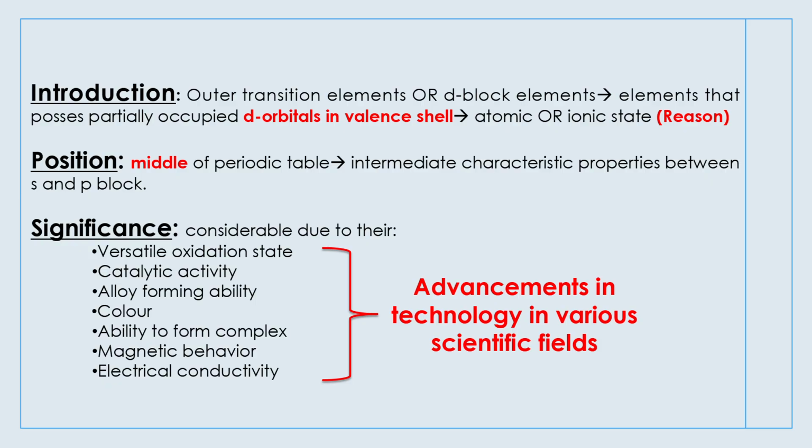So this is the reason why the transition elements must be studied. Once you know the purpose of the topic, you will have a better understanding of every topic. So this is why I tried to give you the purpose of why this thing should be studied.